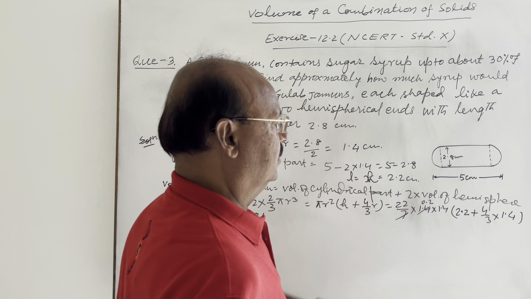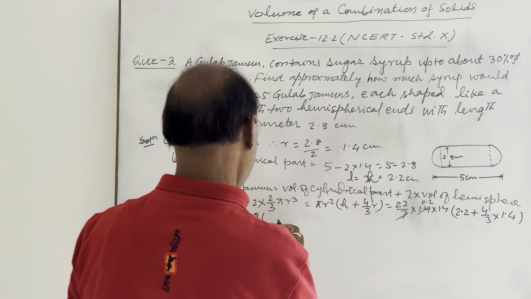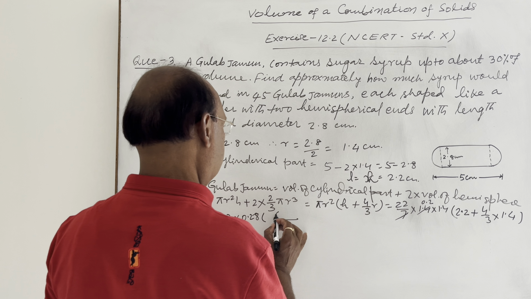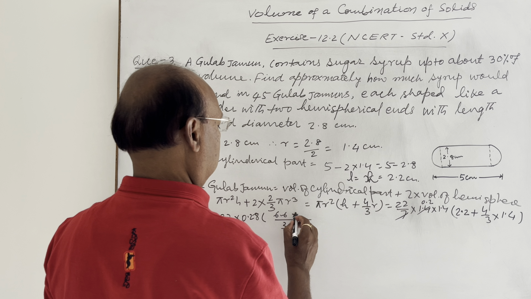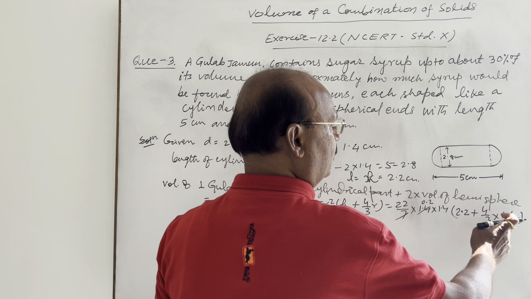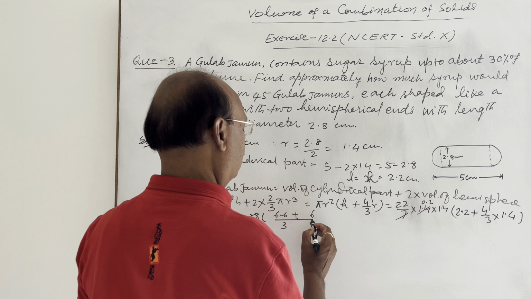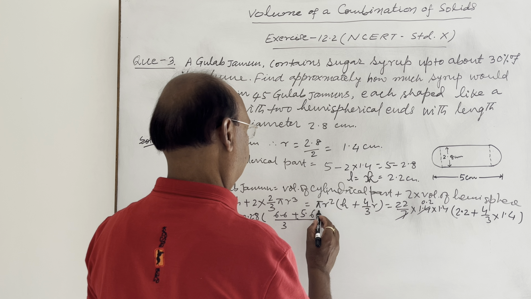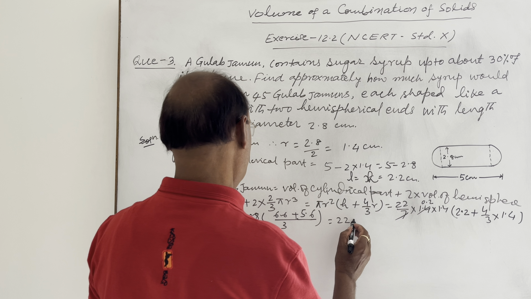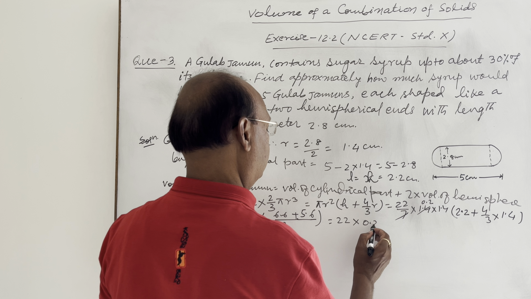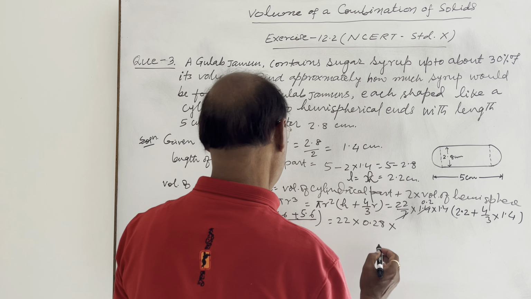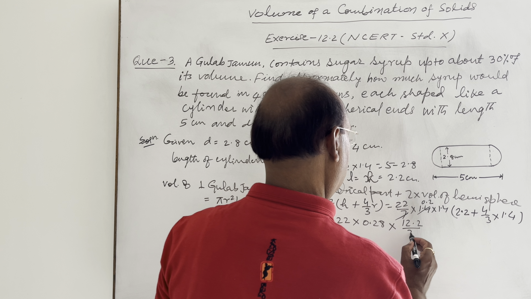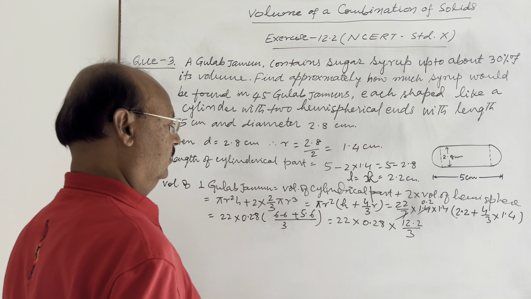And here LCM is 3. 3 into 2.2 is 6.6 plus 4 into 1.4, that is 5.6. So this will be 22 into 0.28 into 12.2 divided by 3.